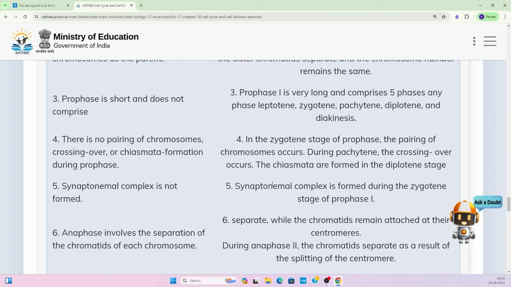Synaptonemal complex is not formed in mitosis, whereas in meiosis, the synaptonemal complex is formed during the zygotene stage of prophase 1, right?